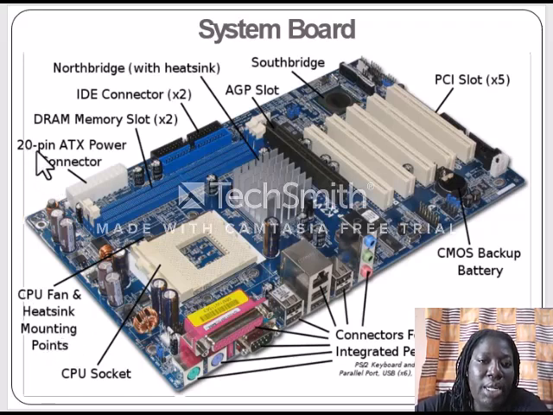Then we have the 20-pin ATX power connector. That one is also here. Then the DRAM memory slot is also here. An IDE connector that we talked about is also on the motherboard. So this is virtually what you can see on the motherboard.